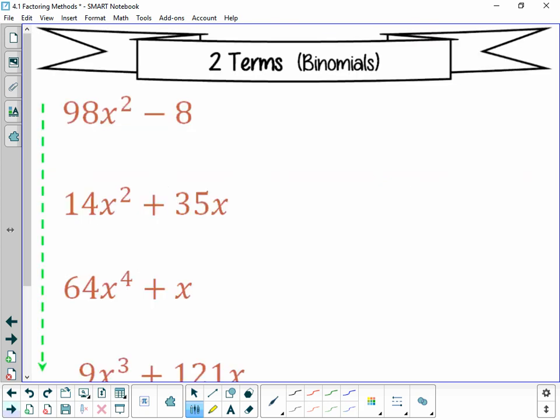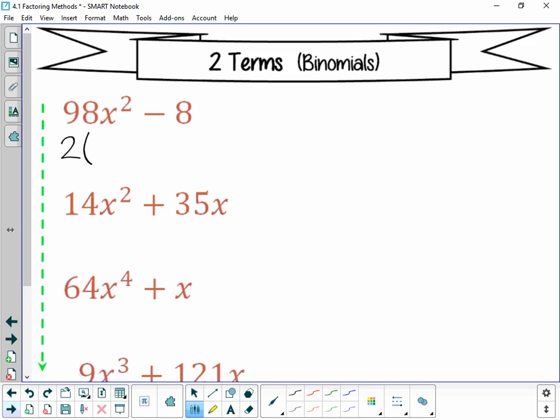Let's start with binomials, 2 terms. If you have 2 terms, the first thing you want to look for is, does it have a GCF? And this first one, hopefully you notice that yes, it does. 98x squared minus 8 has a factor of 2 in common. If you don't see that right away, I would probably start by testing 8 and seeing if it's a factor of 98.